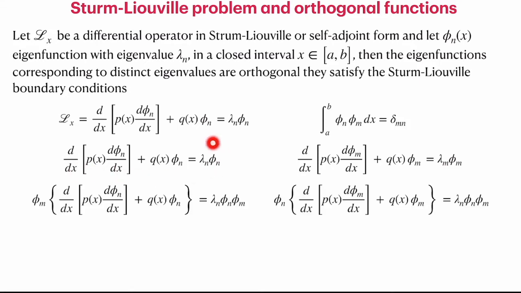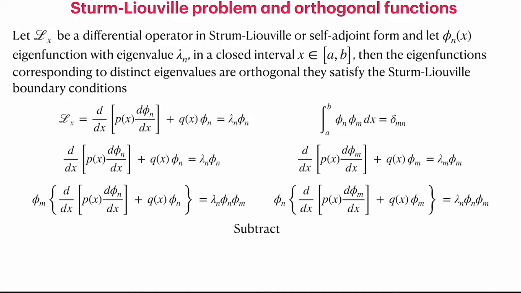Multiply the first equation by phi m on both sides. So you have this expression and lambda n into phi n phi m. The second equation, we multiply by phi n, and we get lambda m into phi n phi m. When we subtract them, several terms cancel away.